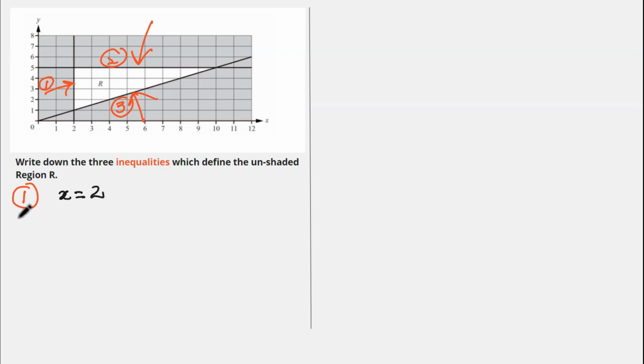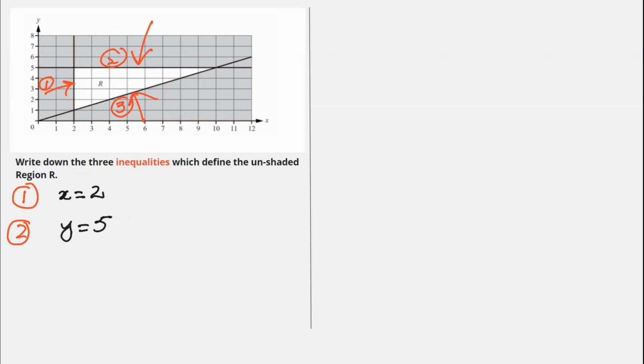Now go for line number 2. This is a horizontal line, and I hope you know that the equation for a horizontal line is y equals to constant. If you look at the y-intercept, it gives us y equals to 5 as the second equation, for this horizontal line.